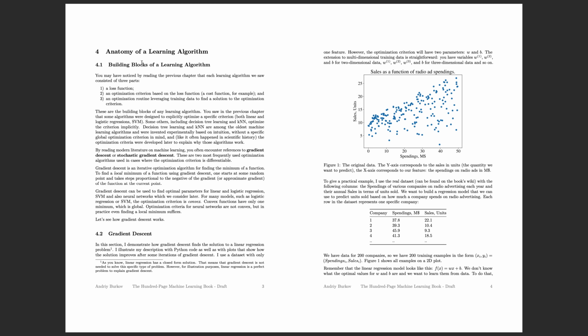Now we will discuss what goes behind a learning algorithm. Behind every learning algorithm there are three main components. There is a loss function, an optimization criteria based on the loss function, right? Simply how much importance should be attached to the loss, so it's also called a cost function, and an optimization routine which will just use the training data to find a solution.